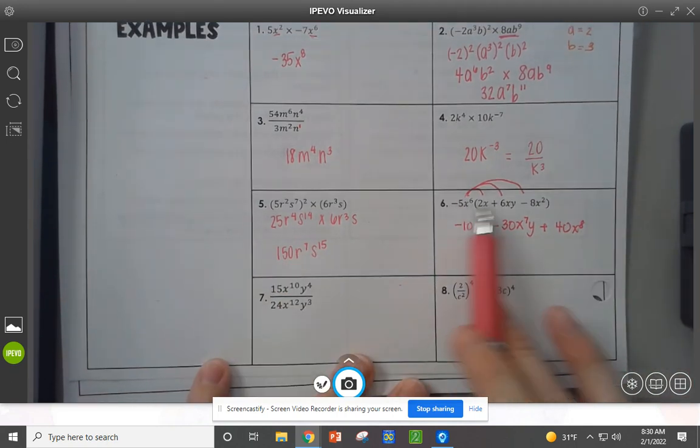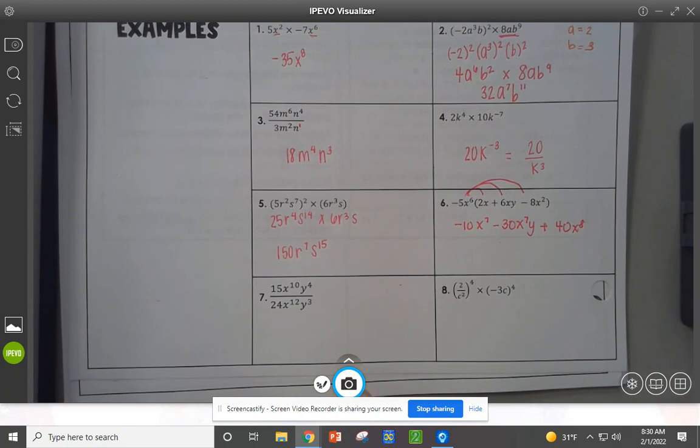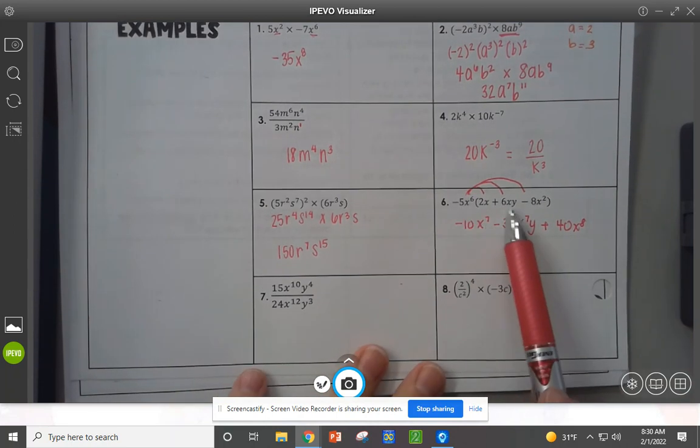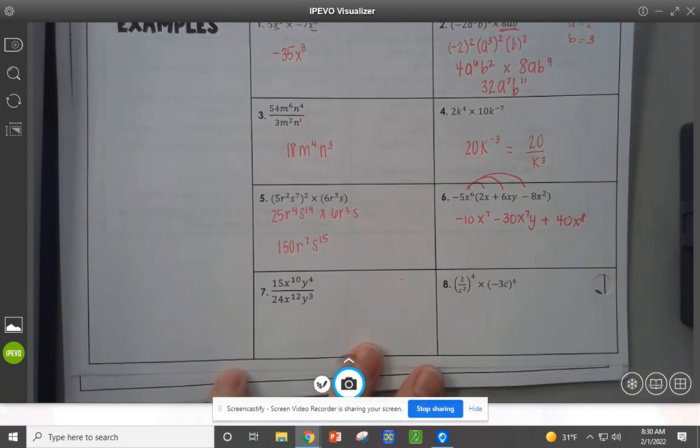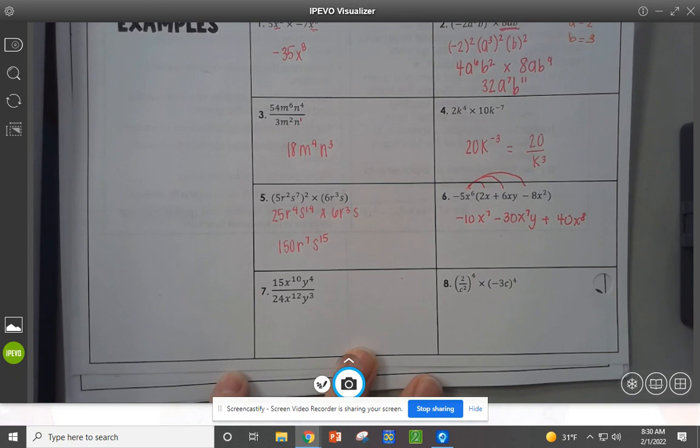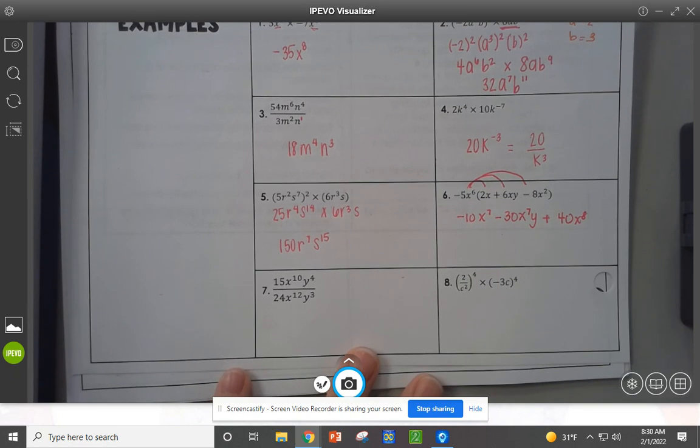So you were multiplying the coefficients. Those are the numbers in front. And then for our variables, you add the exponents. Any questions?